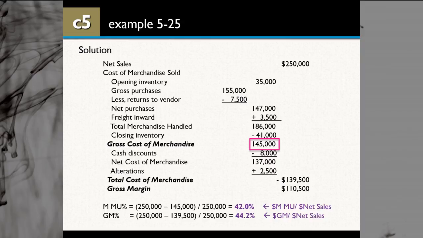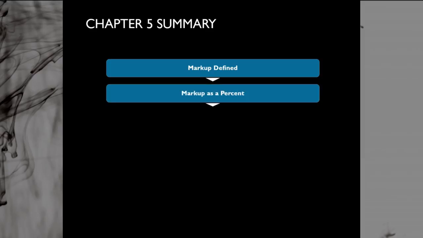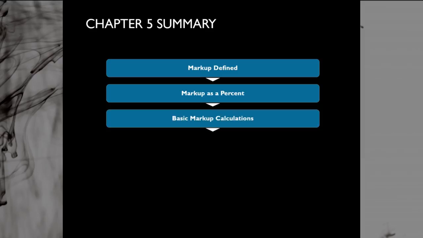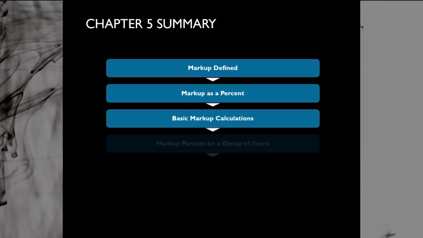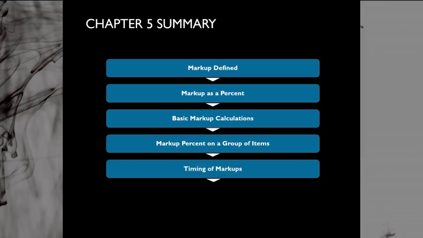Okay, so that's it for this chapter, and let's go ahead and briefly look at the summary for this chapter. So we started to talk about the markup definition, and then you learned the markup as a percent, because to compare, that's important to learn as a percent, and you learned basic markup calculation, and also markup percent on a group of items, because that's what you're going to do.